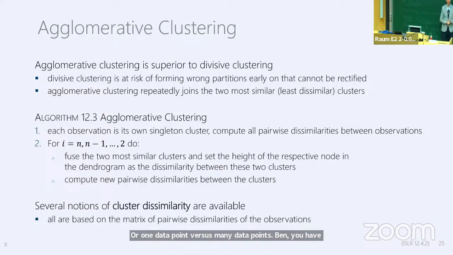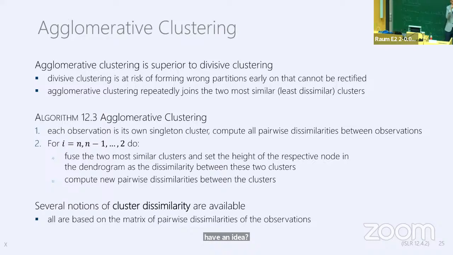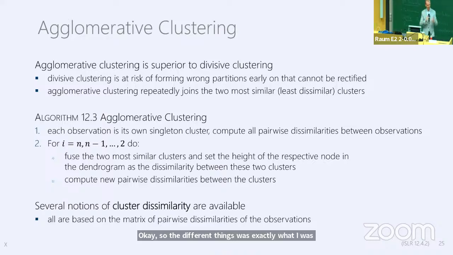Ben, do you have an idea? Okay, yeah, so the different things was exactly what I was after. So we look at the pairwise distances, right? But how do we compute those exactly? And then we do different things to it.